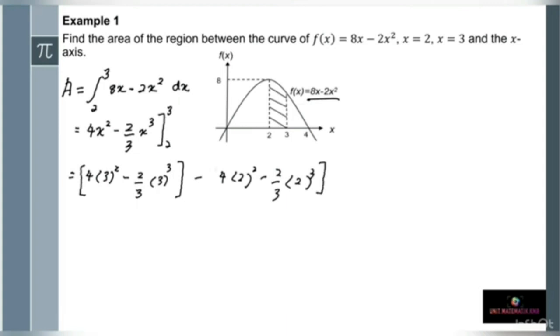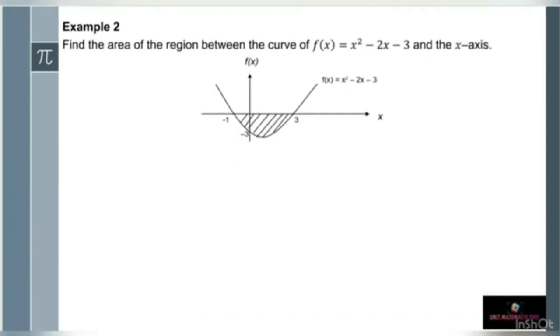We close the bracket and you press your calculator. Final answer should be 22 over 3 units squared. That is example 1.